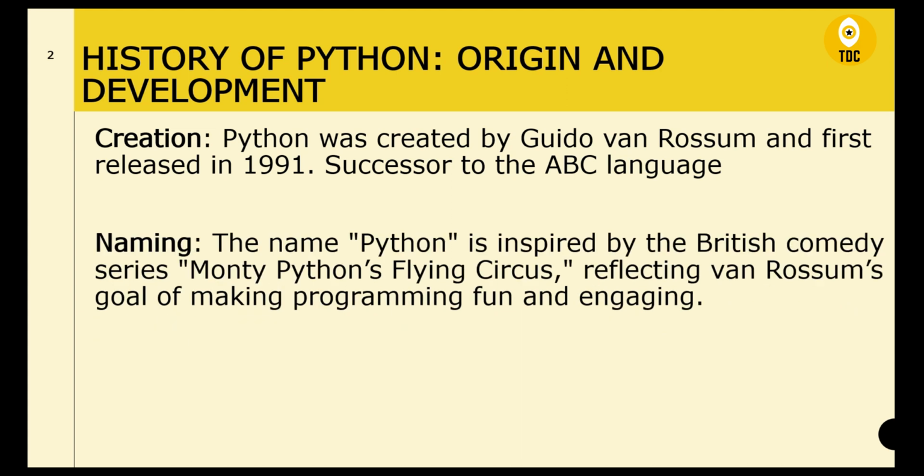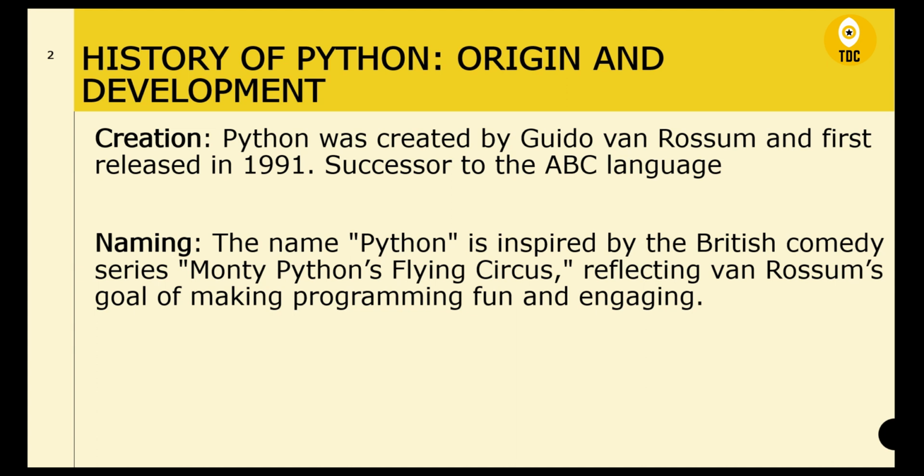He called it Python because, you might think it is some kind of Python snake or something, right? But the main motivation for the name Python is that it was inspired by one of the British comedy series called Monty Python's Flying Circus, right? It was very funny, and the goal was to make the programming language more fun and engaging.